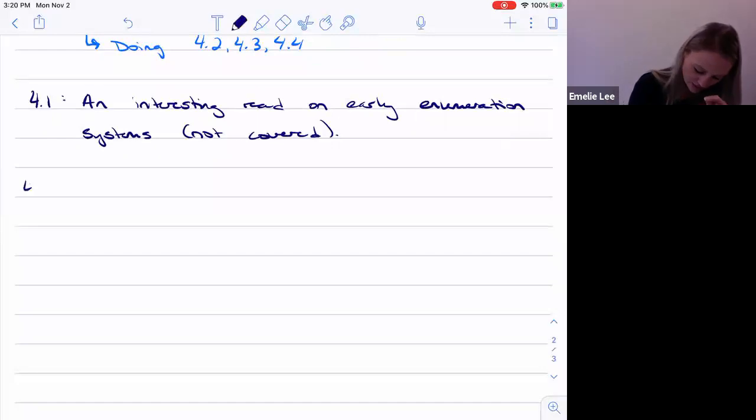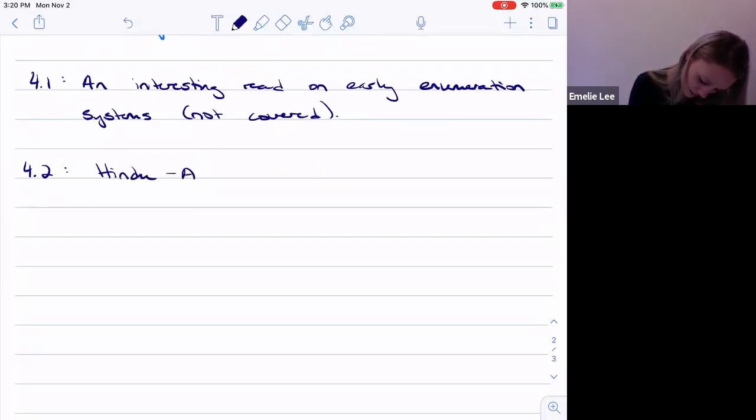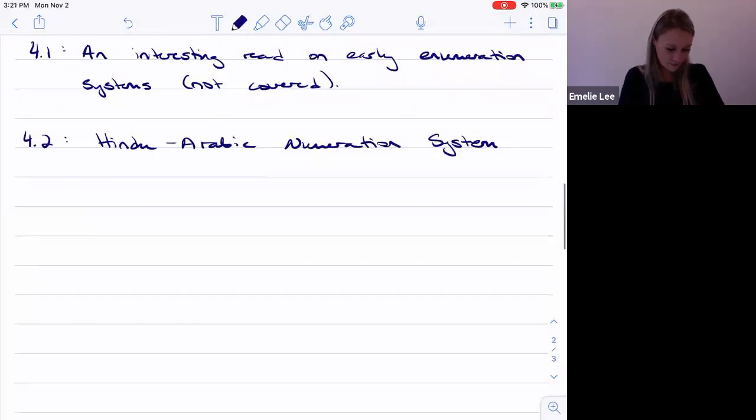So let's talk about that. 4.2 is our Hindu-Arabic numeration system. How we think about numbers, how we count, and all that fun stuff, those are all our numeration systems. It sounds confusing, right? But this is the numeration system that we use, the Hindu-Arabic numeration system.